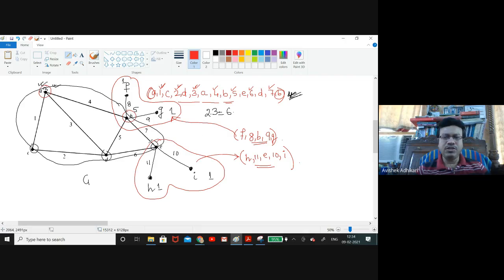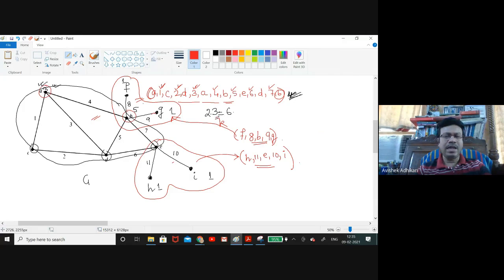As a result, each of these subgraphs is a unicursal graph, and each of them is edge disjoint because there are no common edges between this subgraph and that one, and so on. So now I think the statement will be clear to you.